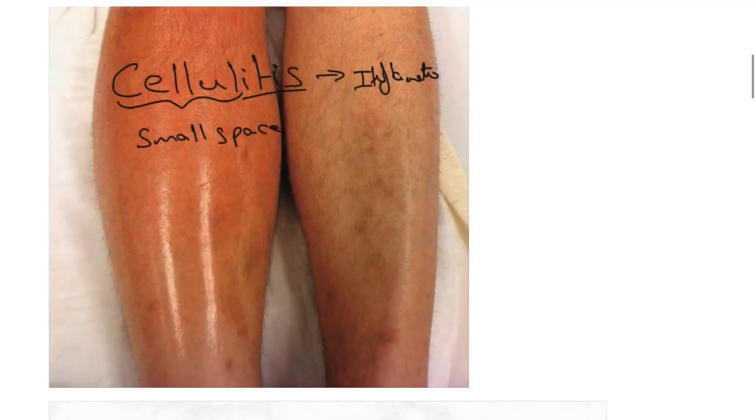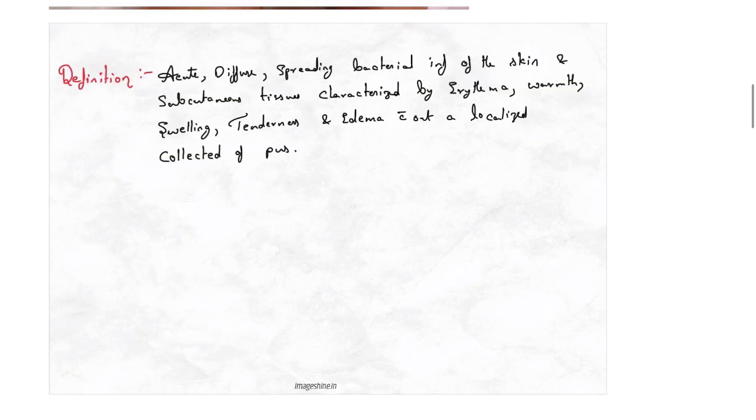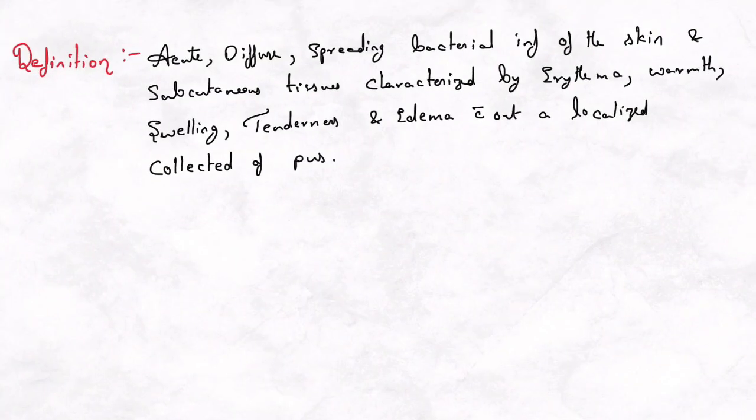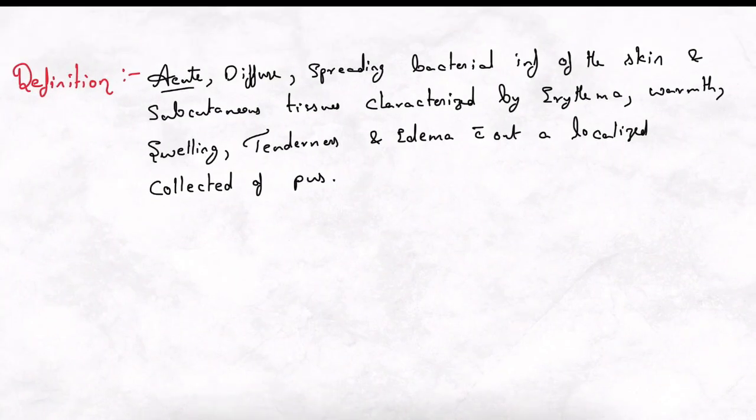Okay, if you look at the definition, cellulitis is an acute diffuse spreading bacterial infection of the skin and subcutaneous tissue, characterized by erythema, warmth, swelling, tenderness and edema without a localized collection of pus.